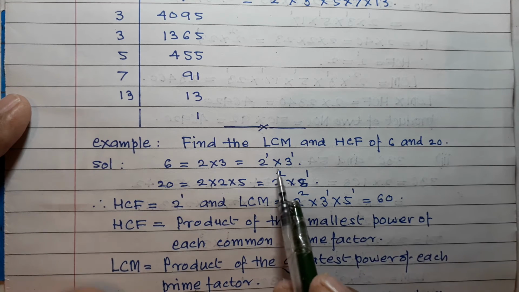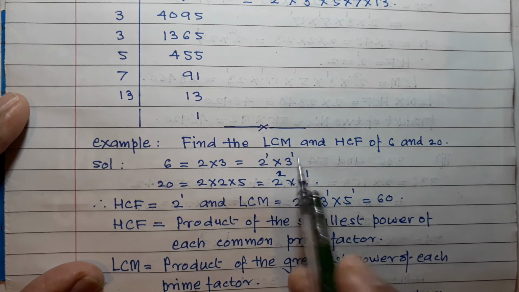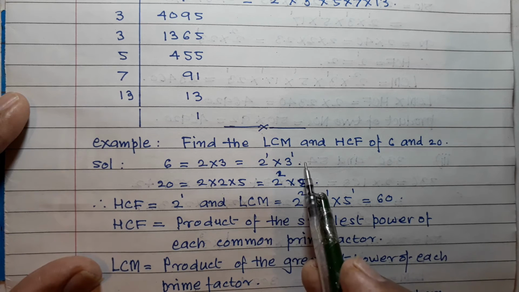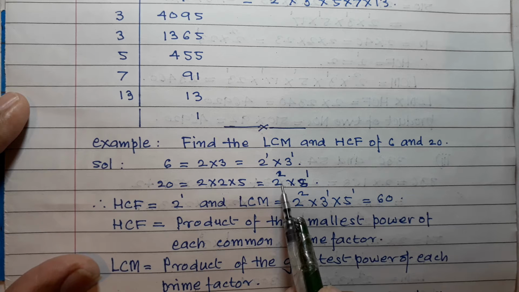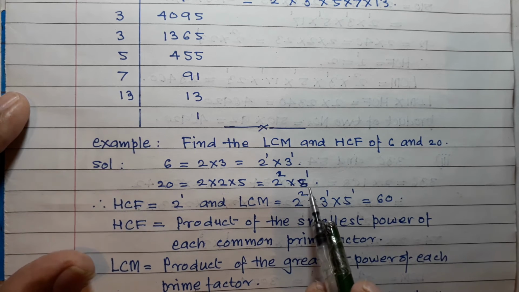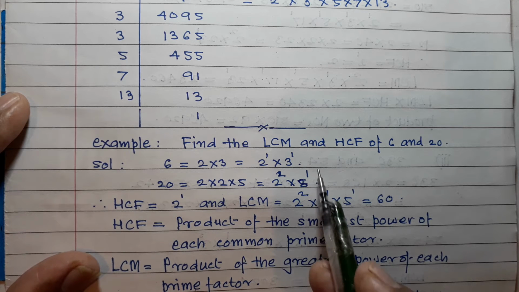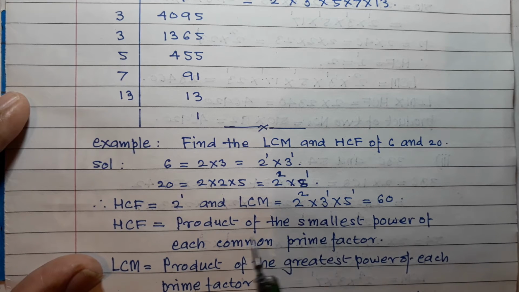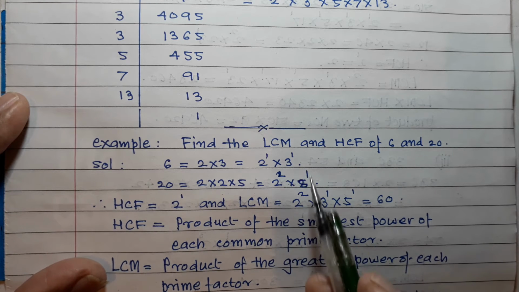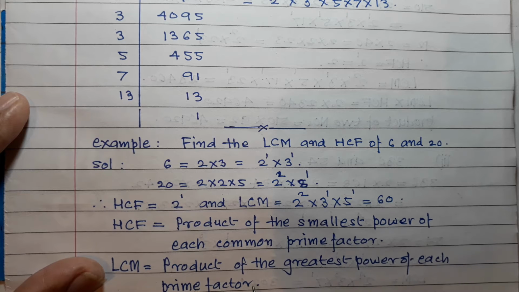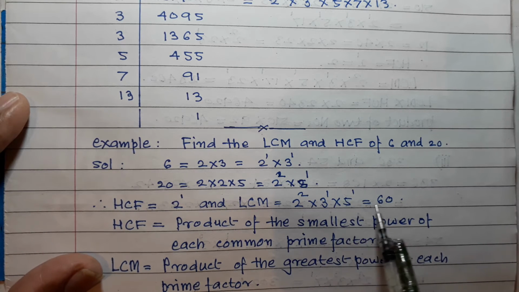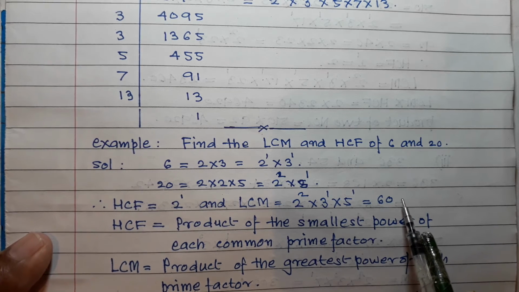Now in this case 2 is a factor, 3 is a factor, and 5 is a factor. The greatest power of 2 is 2, the greatest power of 3 is 1, and the greatest power of 5 is 1, and therefore LCM is equal to 2 raised to 2 into 3 raised to 1 into 5 raised to 1, which is equal to 60.